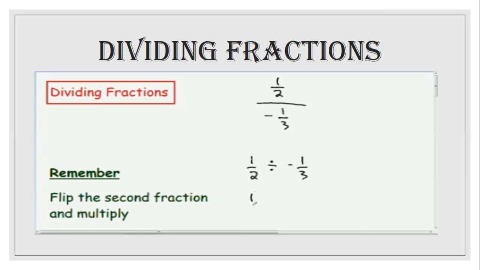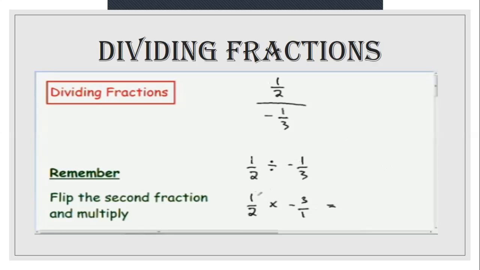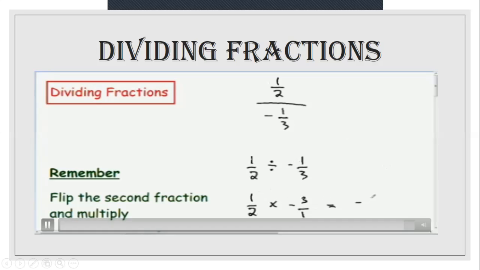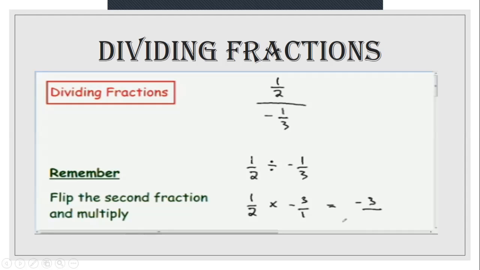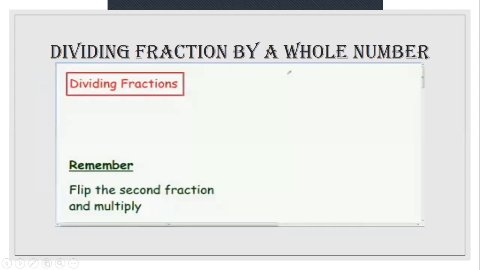So I'm going to take the 1/2 and multiply it by the reciprocal of -1/3, which is just -3/1. Now I'm going to multiply these two fractions together. I multiply the two numerators: 1 times -3 is just -3, and 2 times 1 is just 2. So this is the answer, which is -3/2, right?